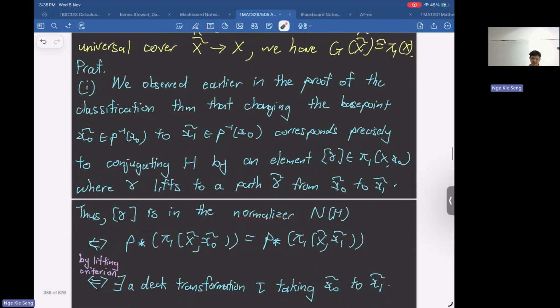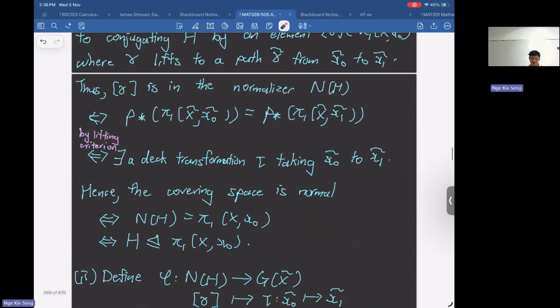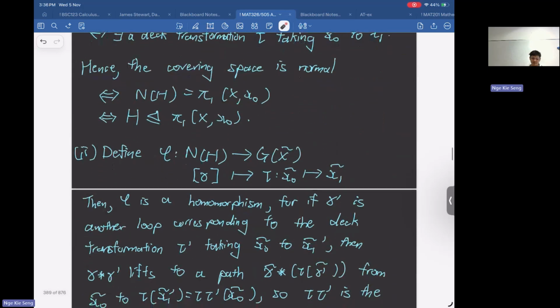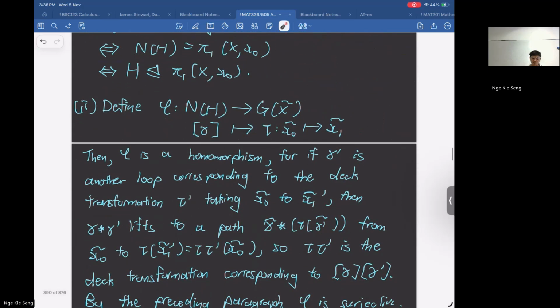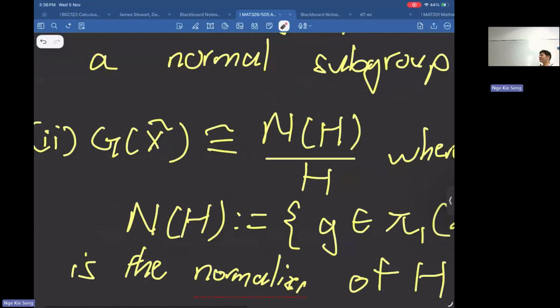Is there any enlightening proof here? Not really. You just play around. Maybe one thing you want to know is how do we make this quotient? You need to build a map. So how to make a map from NH to the deck transformation group here?